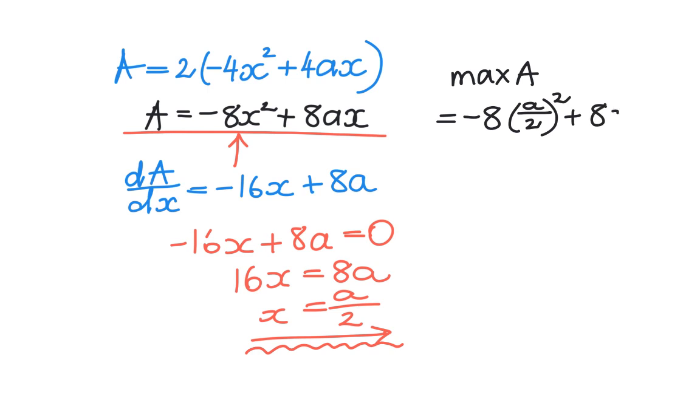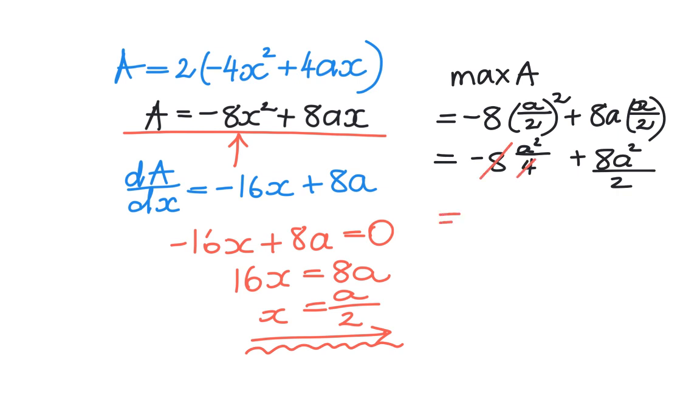So we get minus 8a squared over 4 plus 8a squared over 2. So we simplify and we get that the maximum area is minus 2a squared plus 4a squared. So the max area is 2a squared.